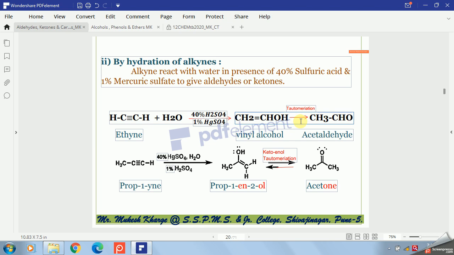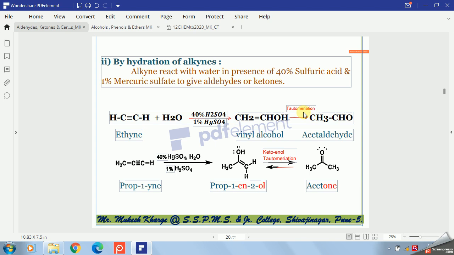Okay, so these two are different types of isomers, and these isomers are called tautomers of each other. The process is called tautomerization because your vinyl alcohol is unstable. So if we take ethyne or acetylene, then we get acetaldehyde.